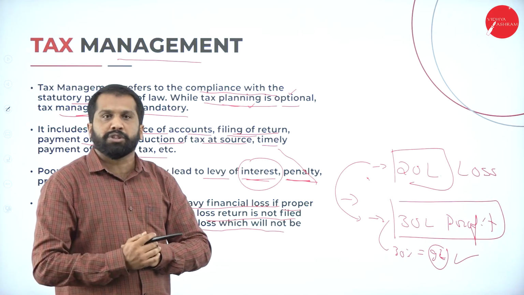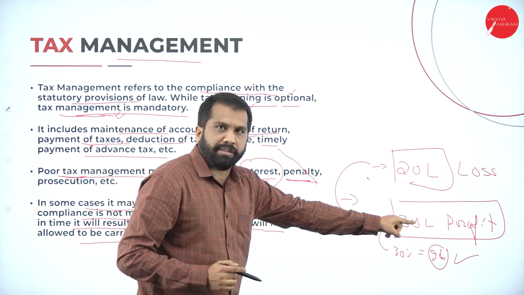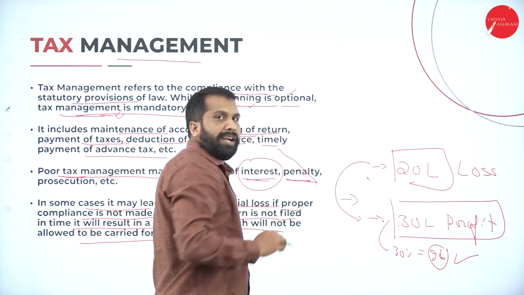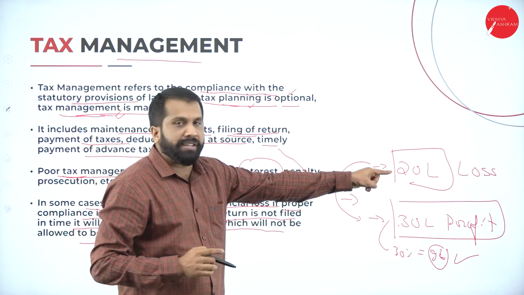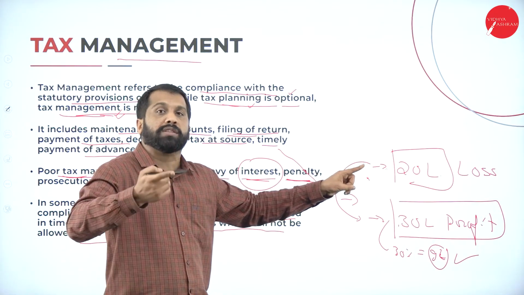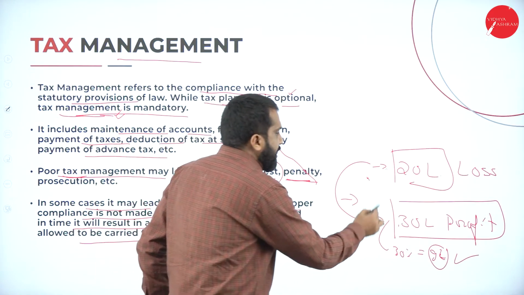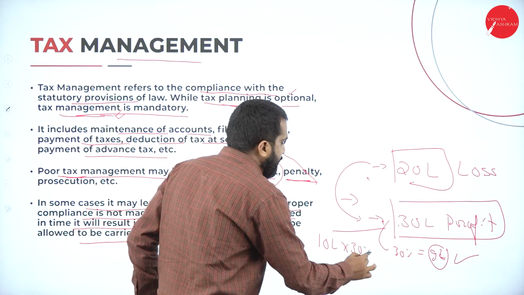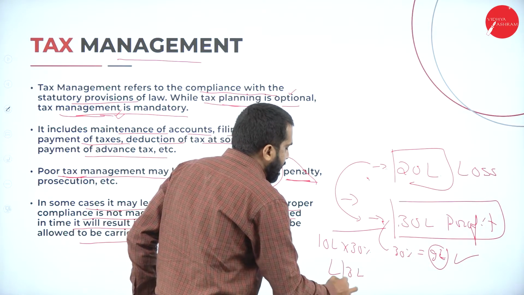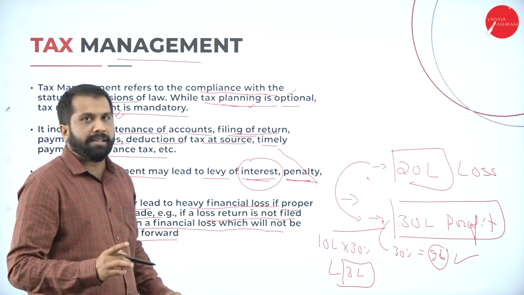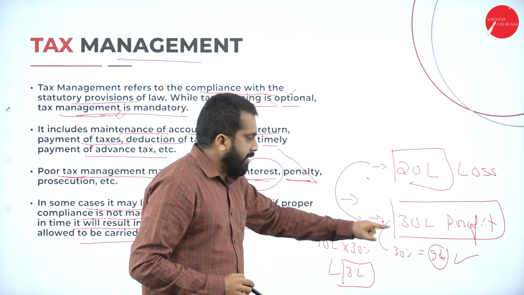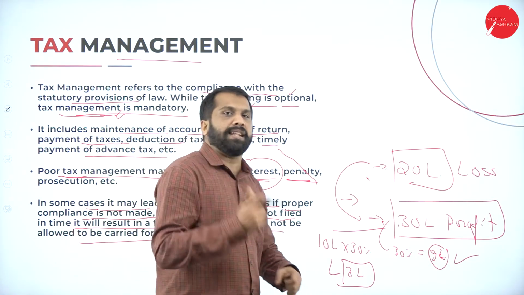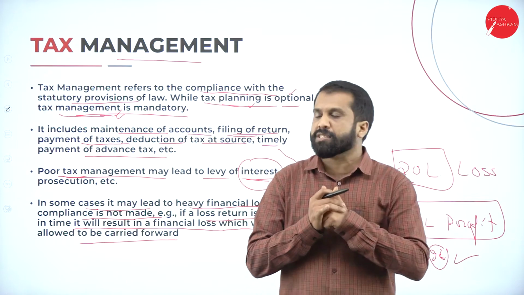You are not supposed to pay tax on the full 30 lakh. It is 30 minus last year's loss, because the income tax people know that last year you incurred a 20 lakh loss since you showed them already. Then 30 minus 20, the balance is 10 lakh. On that, at 30%, you are supposed to pay only 3 lakh tax. Because of showing this loss, instead of 9 lakh, you have to pay only how much? 3 lakh. These are the advantages.